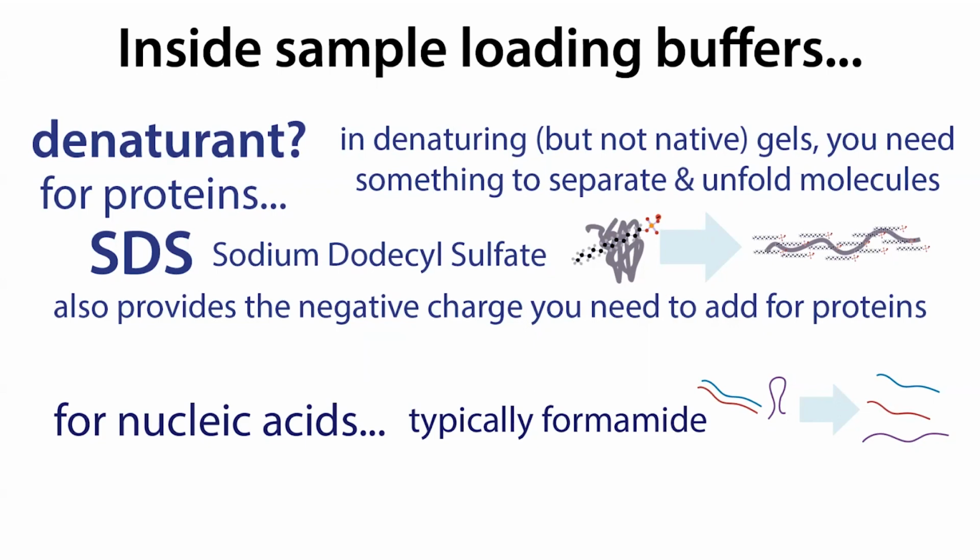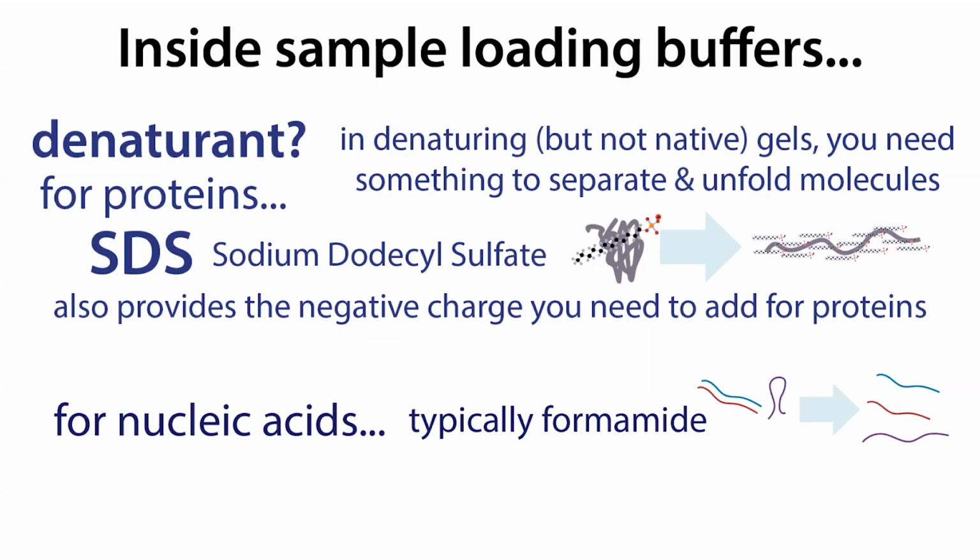For nucleic acids, here we're going to be separating strands of DNA. We're going to be unfolding any hairpins or other structures in the RNA. And when we do this, now we're going to have a linear relationship between how big these molecules look like they are, and how far they travel.